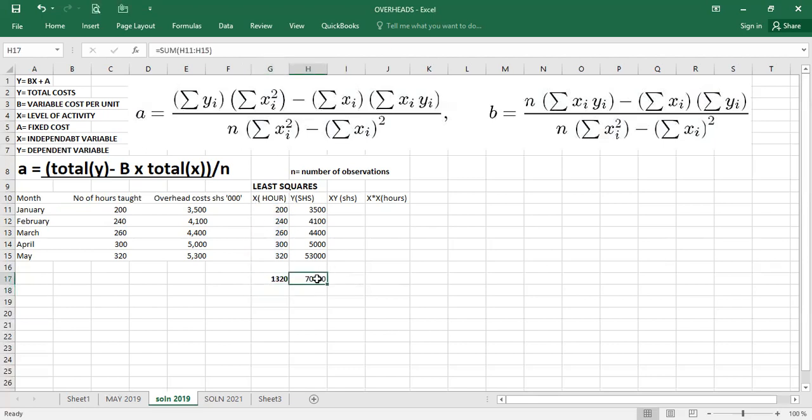And we get this, our xy will be this multiplied by our total cost.